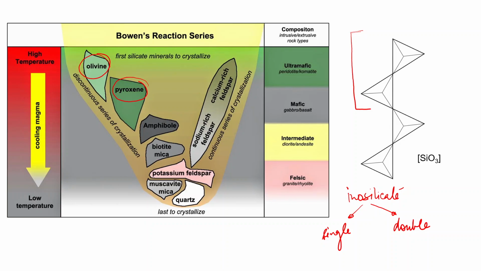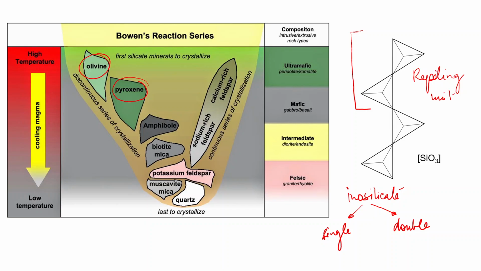In this diagram, this is the repeating unit. These two tetrahedra form the repeating unit, and this can go on forming.